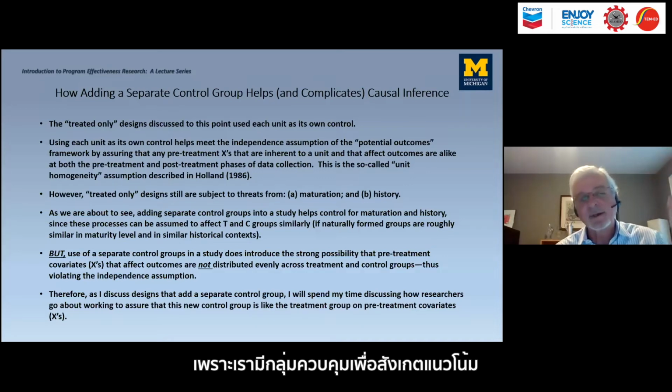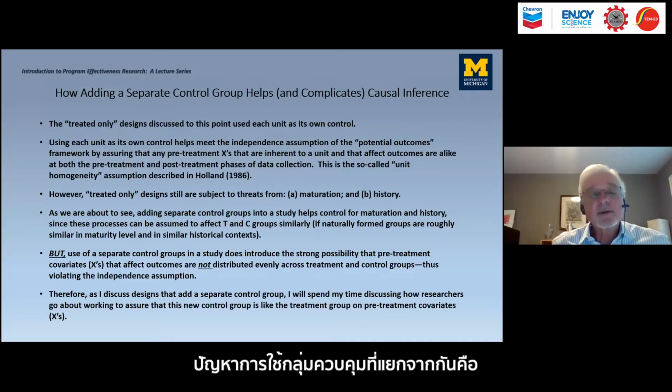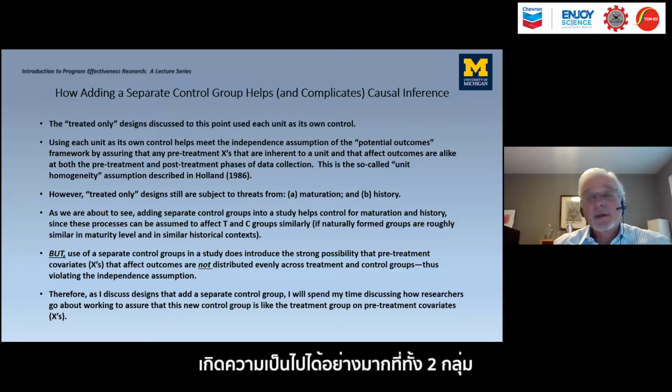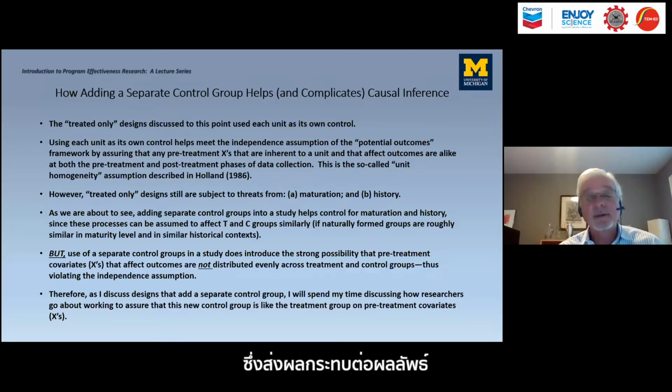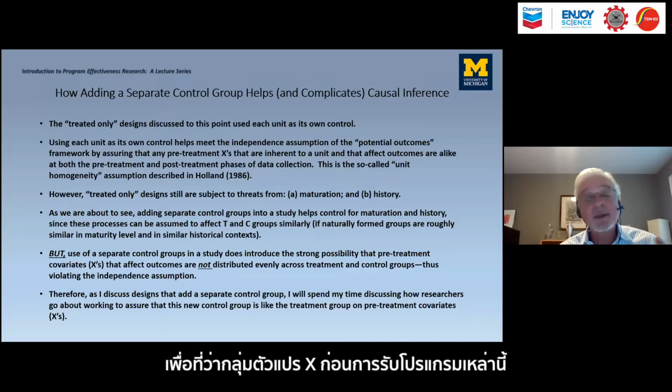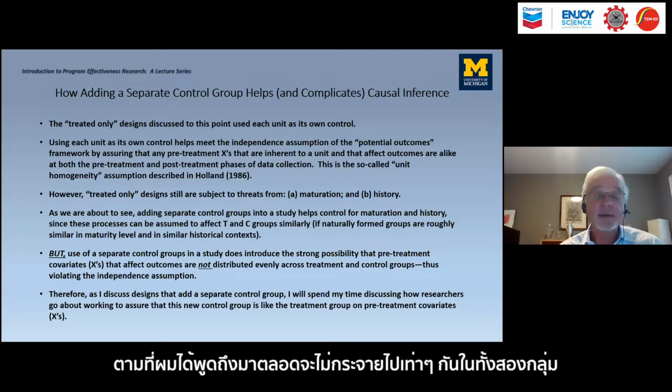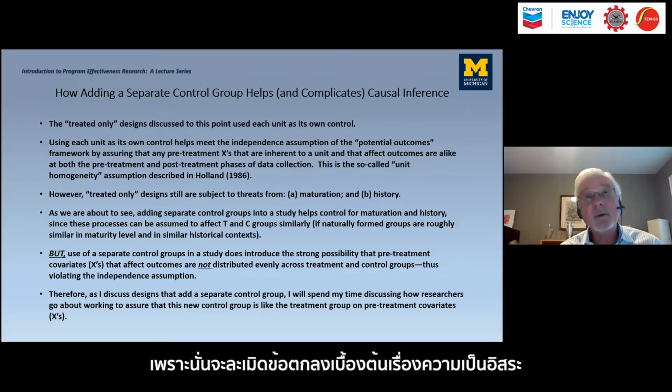The problem with using separate control groups is it introduces the strong possibility that the two groups are actually not alike on a set of pre-treatment covariates that affect outcomes, so that these pre-treatment X's, the X's that I've been talking about, aren't distributed evenly across groups, and that would violate the independence assumption.